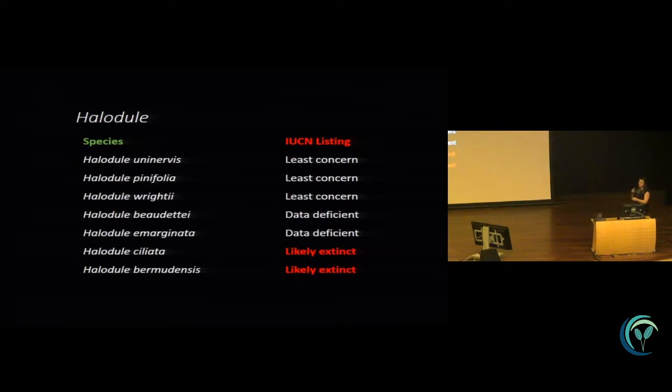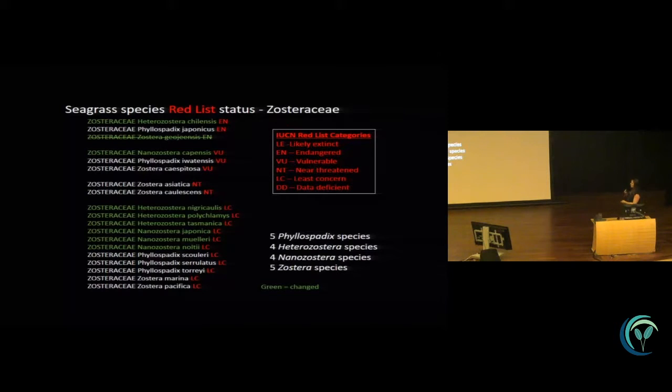So Fred would like to change the status on these Halodule, I don't know, to likely extinct. He thinks they were species, probably based on what he's found, but thinks that they've probably gone extinct, or are likely extinct, I think is the way he likes to say that.